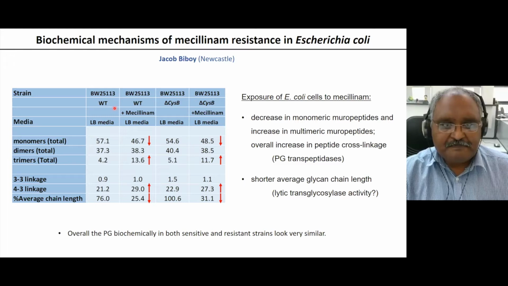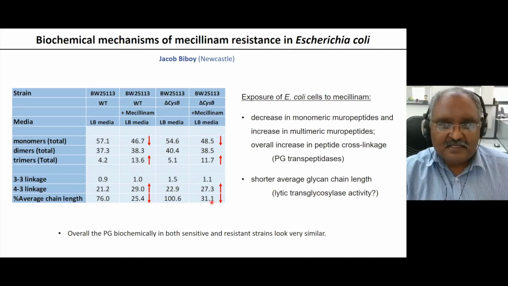As you see, there's a reduction in the monomers in both strains when mecillinam is added, an increase in the trimers or the complexes that are formed, and the cross-linkage is also increased. And the average chain length, the number of glycan moieties between cross-links, is reduced.